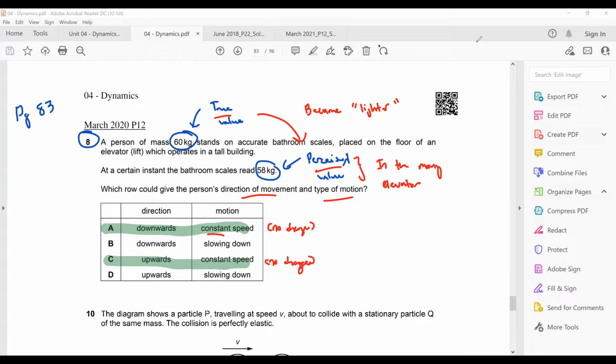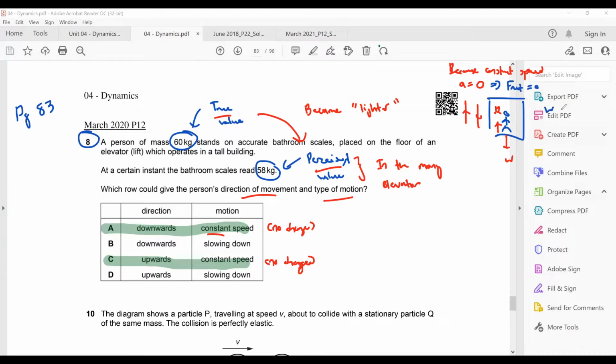Because that time I mentioned to you, if this was the person, this was your weight, this was your reaction force. Even if you're going up or you're going down, if your a is 0 because of constant speed, a is 0, that means F net is 0.